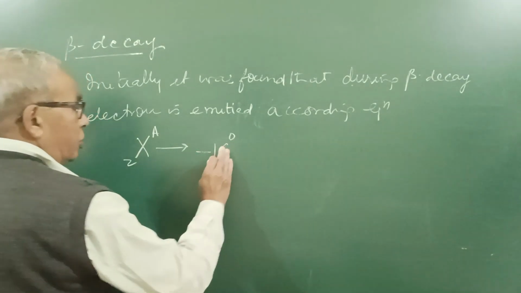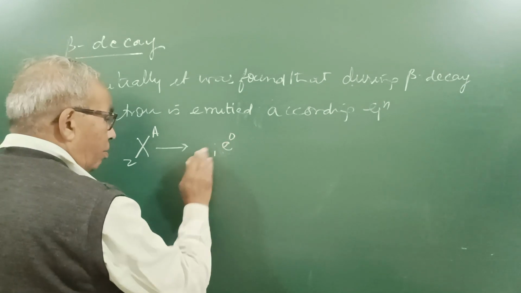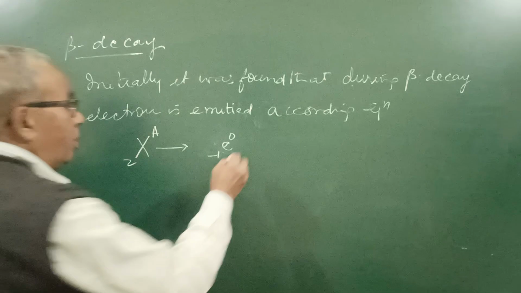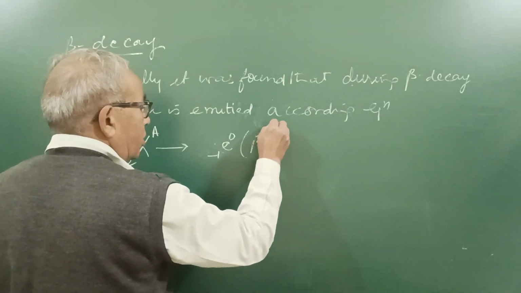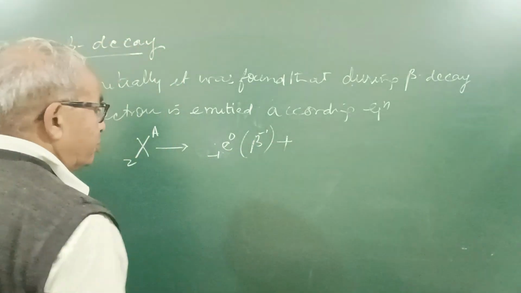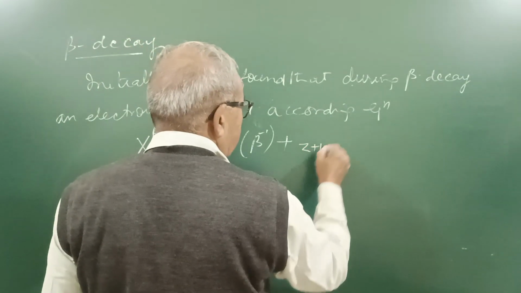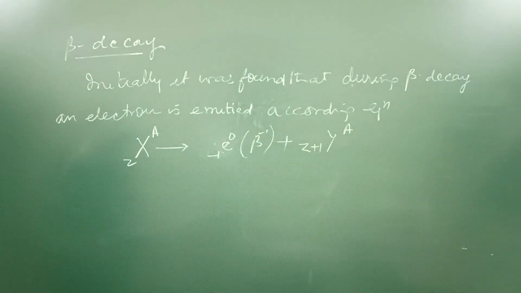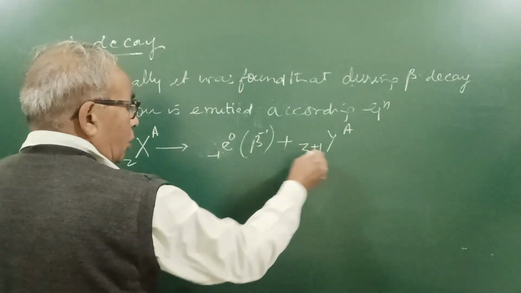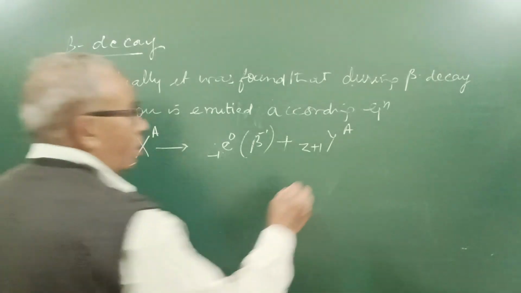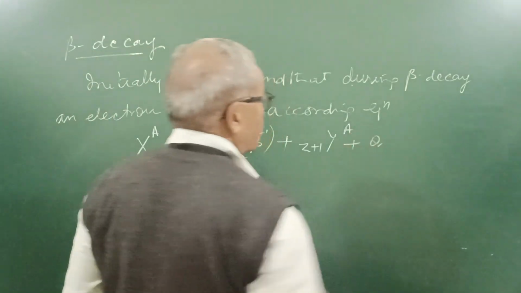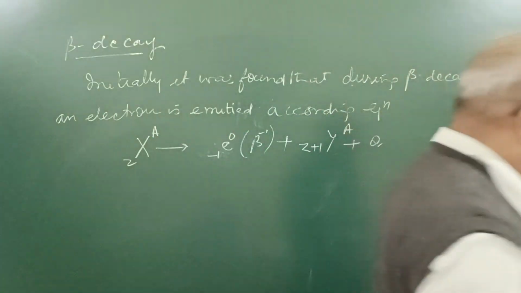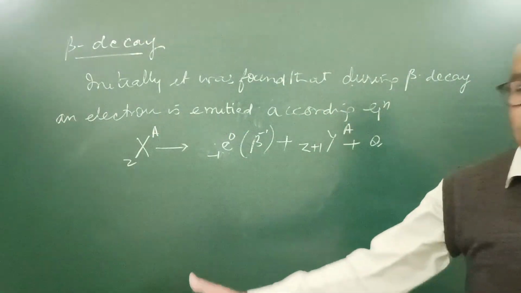I write it like this; -1 is the atomic number, it means its charge is negative. But our NCERT will write it like this: plus Z plus 1 Y A. The mass number does not change, the atomic number of the nucleus is more by 1, plus energy Q. This was the initial thought, that beta decay takes place like this.